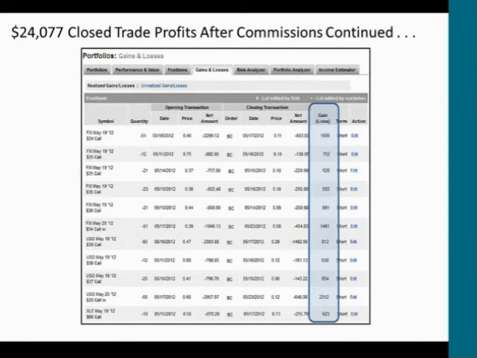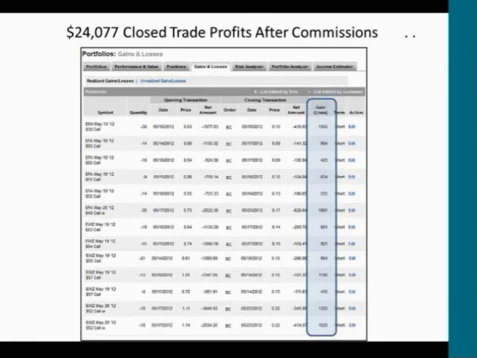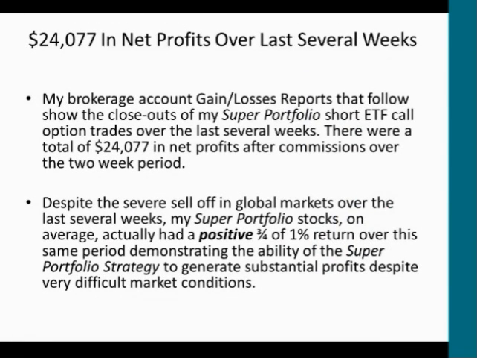So this week, I collected over $24,000 in profit, but over that same week, the super portfolio stocks were actually up, and they had a positive 0.75% return over the same time period.